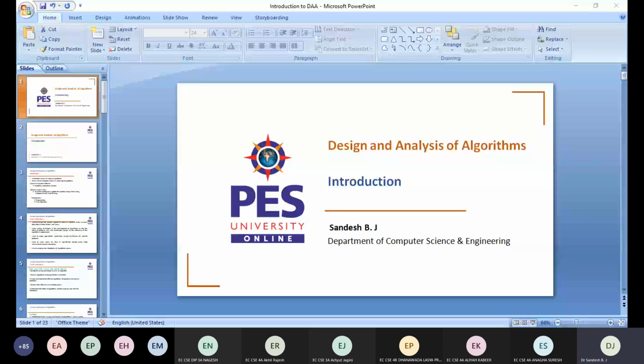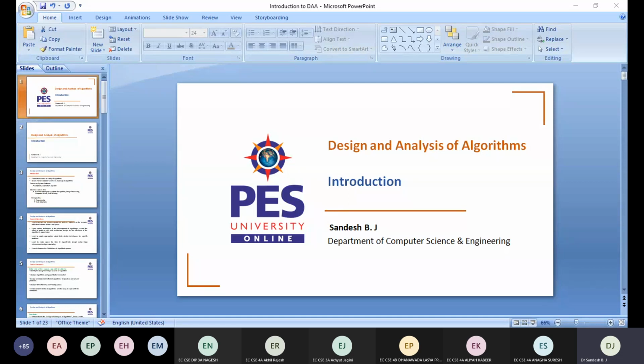Once you develop an algorithm, you need to check the correctness of that algorithm, and you also need to find the performance of this algorithm. These are all the things which we are going to discuss in the course design and analysis of algorithms. The prerequisite for this course is that you should know some programming and you should know data structures.